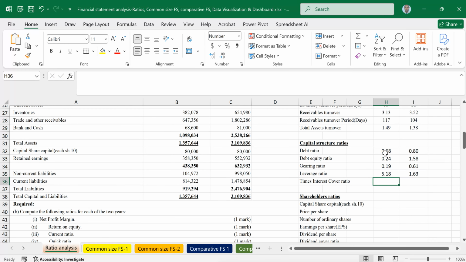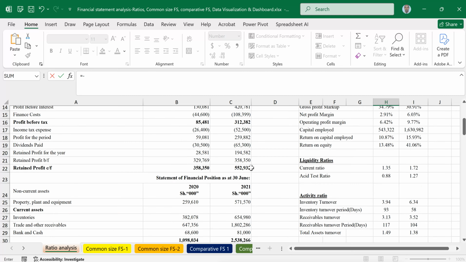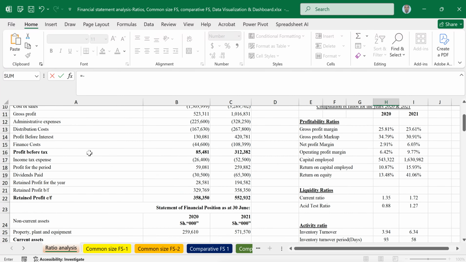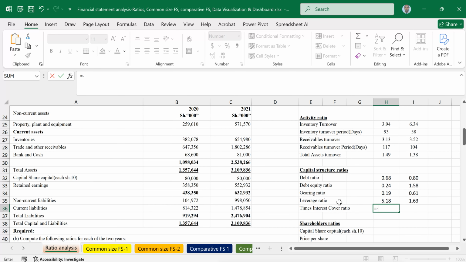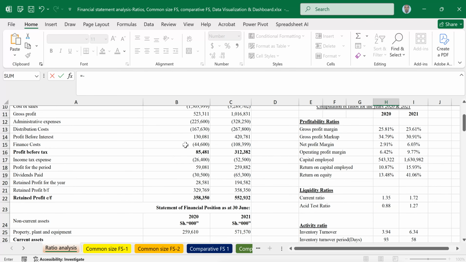Times interest cover ratio. You take interest, so equal sign negative, because interest is given as an expense, so finance cost. So equal sign then negative to make it positive. Not finance cost, that is wrong. It will be over finance cost.